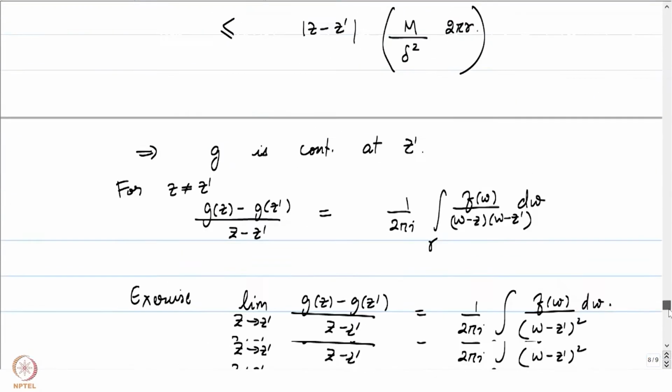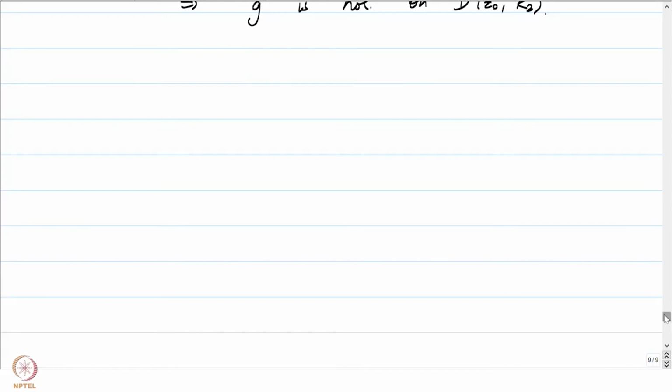Let us now define one more function h of z. Define h of z on the complement of the closed disk of radius r1, on the set of all z such that mod of z minus z0 is greater than r1. Remember that r1 is the smaller radius in the annulus.